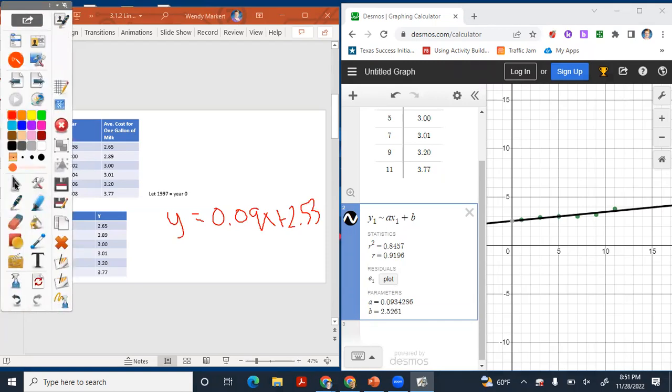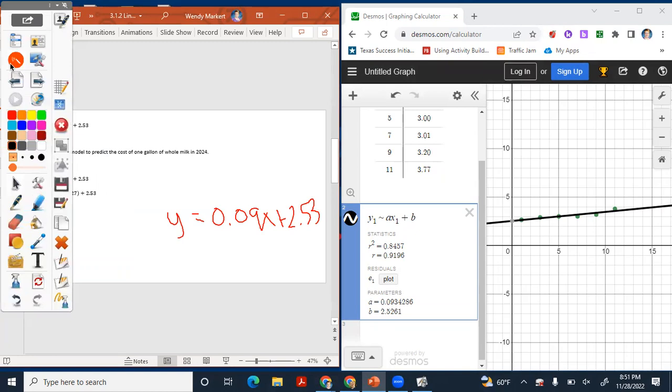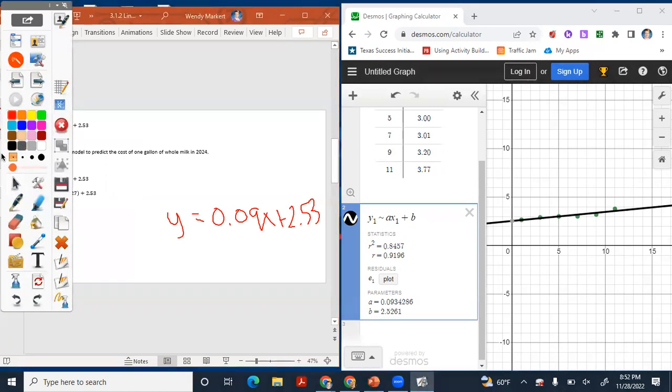Let's use our regression line. So let's use this information. We're going to use this model to predict the cost of 1 gallon of whole milk in 2024. So remember, 1997 was year 0.